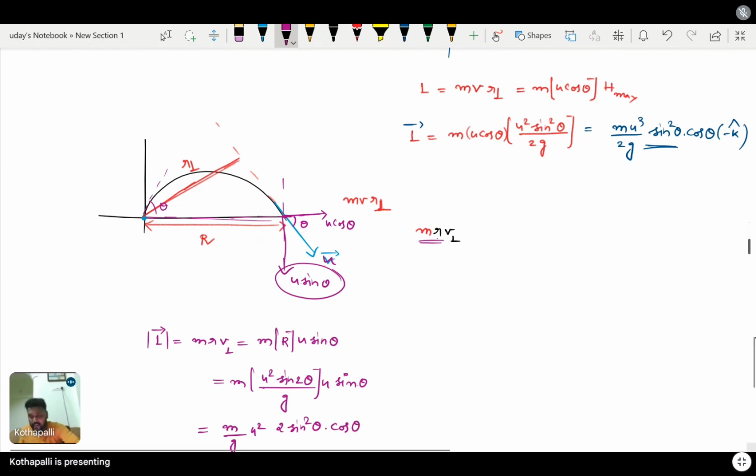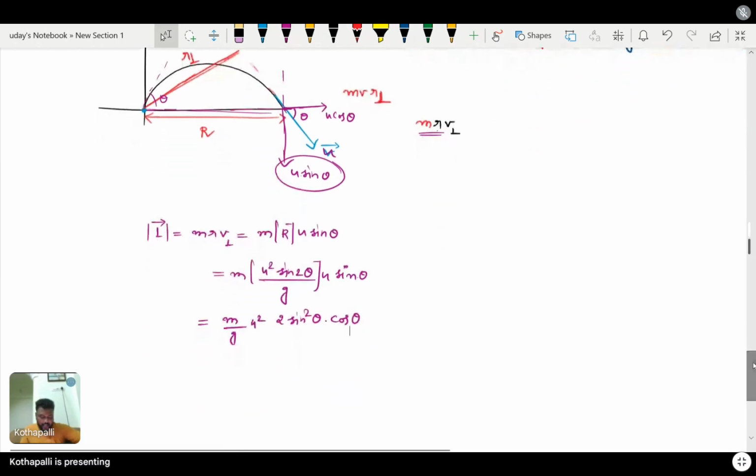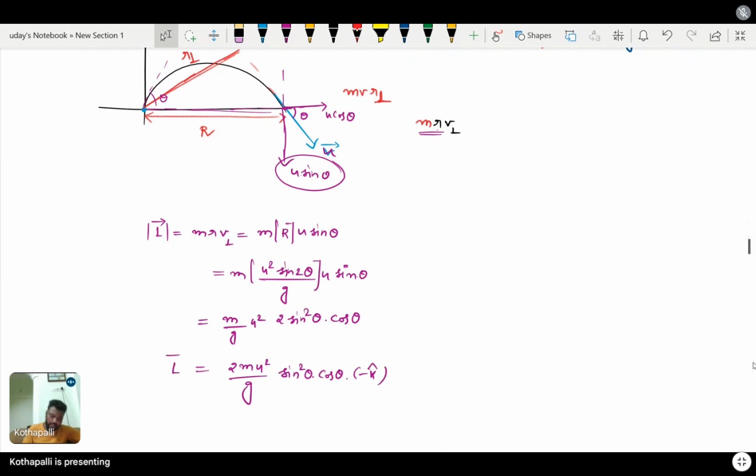So the final answer, along with the direction, will be 2 M U cube by G into sin square theta cos theta in the minus k cap direction. Clockwise direction only, obviously, like the previous case. U cube, sorry. Okay, this is by one condition.